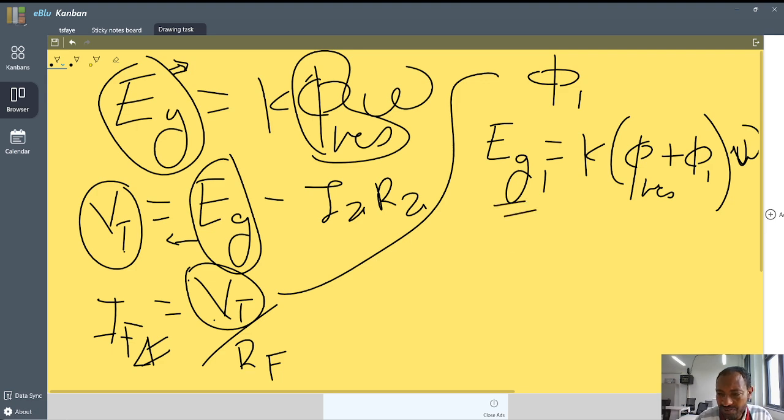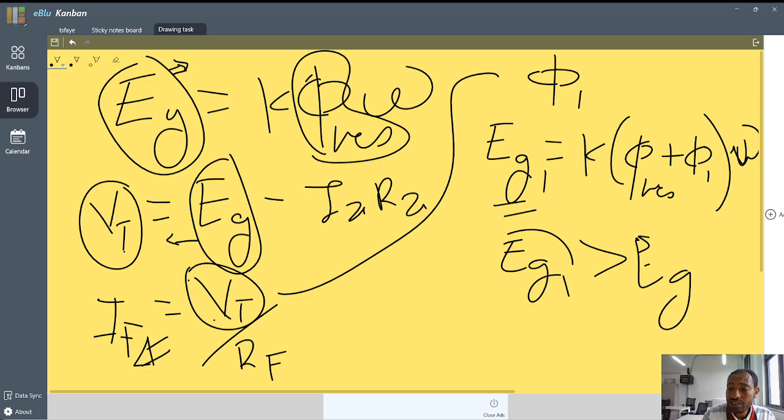This EG1 is obviously greater than EG, because the flux inside the machine has already increased. Phi residual is the initial flux, and phi 1 was the flux created by this residual flux. Then it will keep on increasing EG.